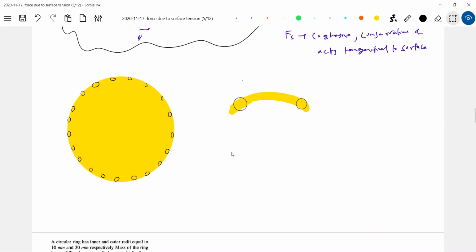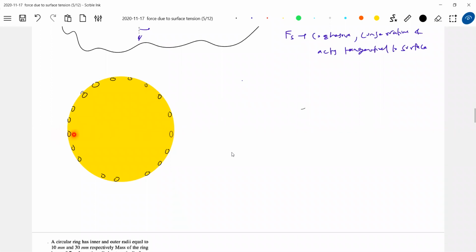So how will the force act here? I'm asking you to draw a line here.